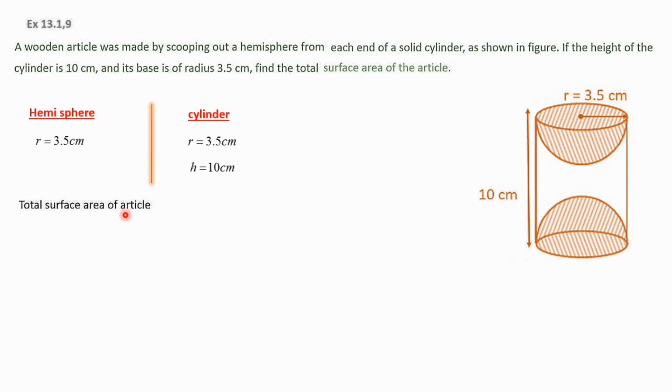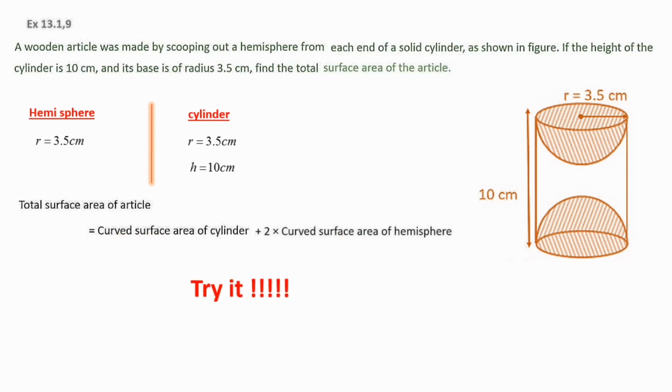So the total surface area is the CSA of the cylinder, meaning the outside portion, plus this portion is gone, so this is the CSA of the hemisphere, and in the same way at the bottom the hemisphere portion is gone, that is also the CSA of the hemisphere. So 2 into the CSA of the hemisphere. So this is the way of calculation. Then this question you will do as homework. The balance portion you will try as homework.